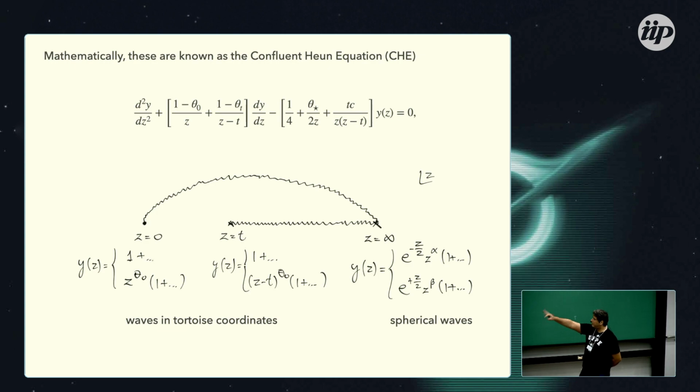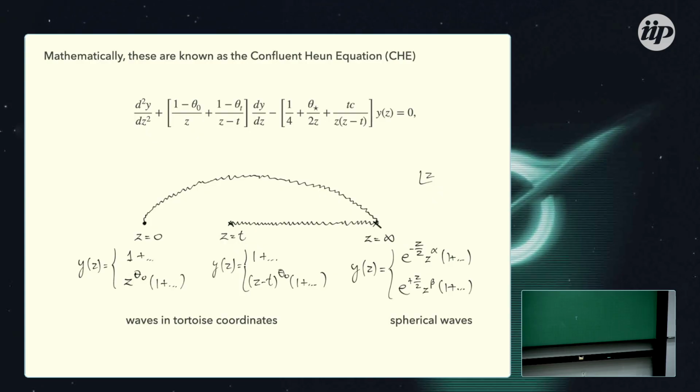Here z is related to the actual geometrical coordinate that I defined last slide. I'm going to talk about that a bit more soon. And there is another irregular singularity at infinity that's characterized by this constant term here and this 1 over z falloff at infinity.